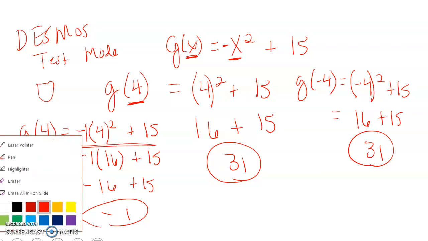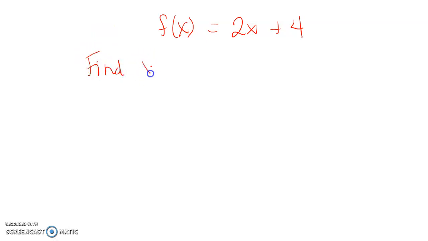All right, so let's talk about another part of function notation that we've learned about. We started out with the inputting. Then we started seeing things like this. We had f of x equals 2x plus 4, and then we would get: find x when f of x equals 16.